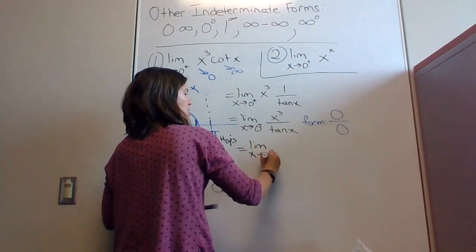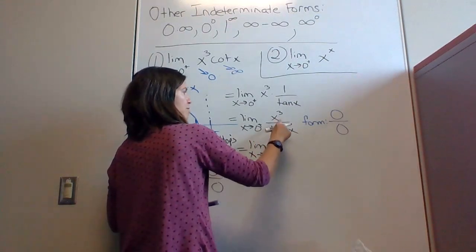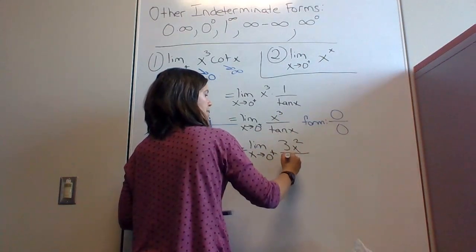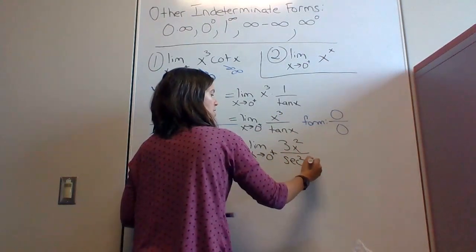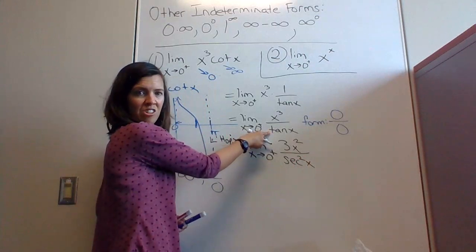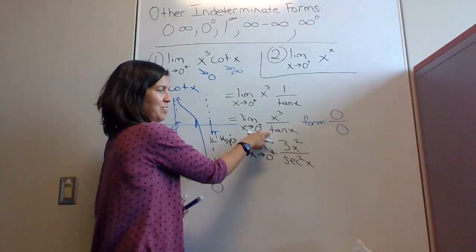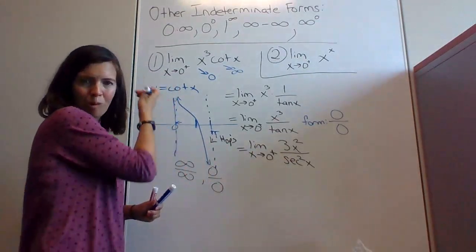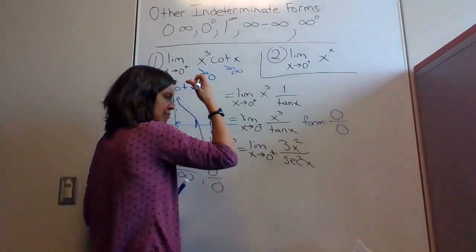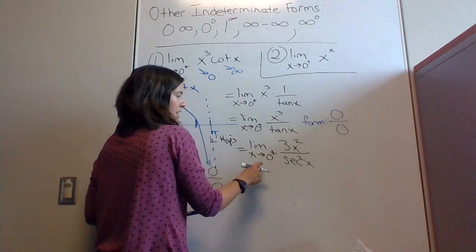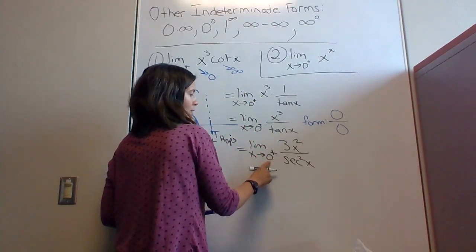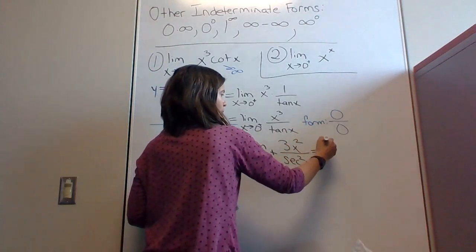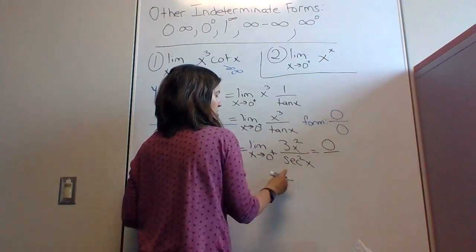So this is equal to the limit as x approaches 0 through positives of the derivative of the top over the derivative of the bottom. If you don't have the derivative of tangent x memorized yet, maybe you just forgot, but remember that very quickly. That's something you definitely want to have top of mind. Now if you substitute 0, 3 times 0 squared up top, so the numerator is approaching 0.